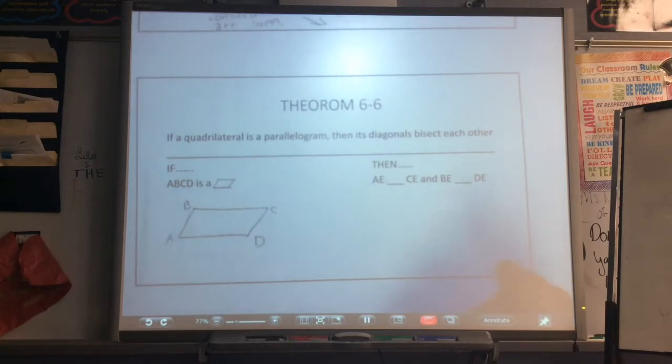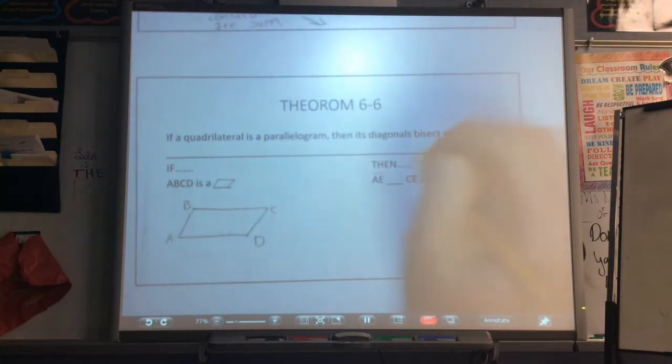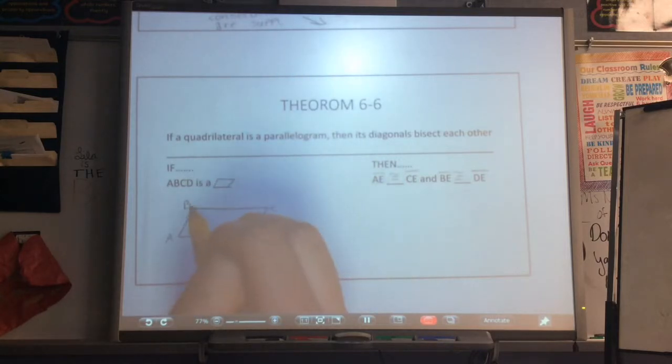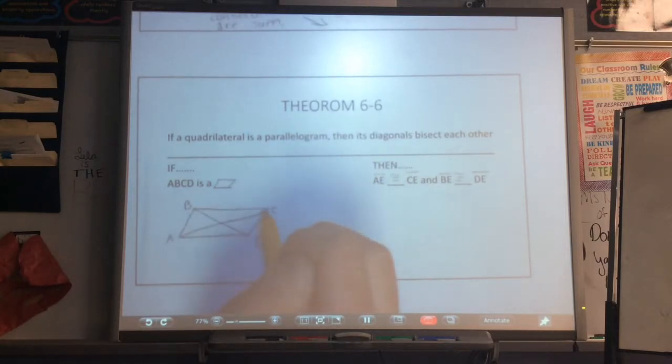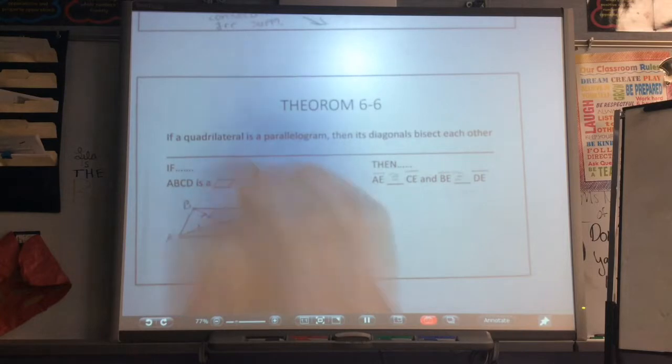Then we know that line segment AE is congruent to segment CE, and BE is congruent to DE. And to show that, we go back to the parallelogram. And we know that those are congruent.